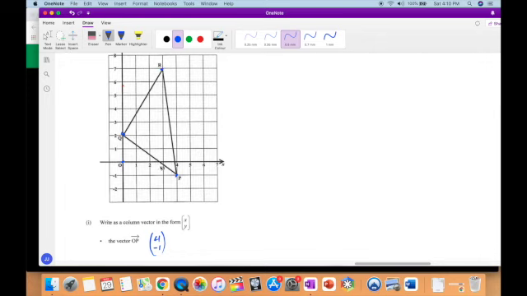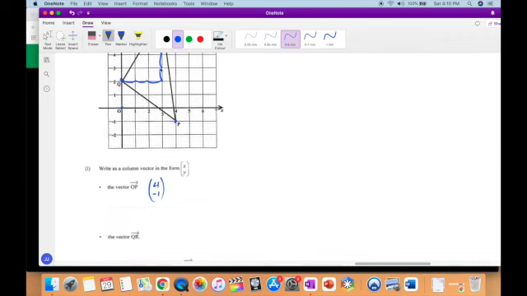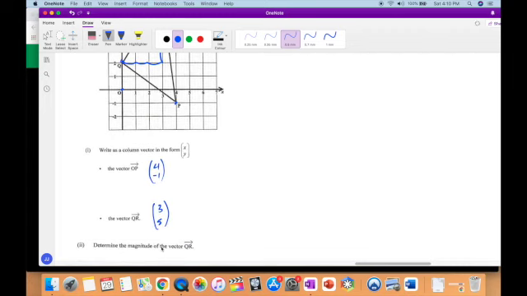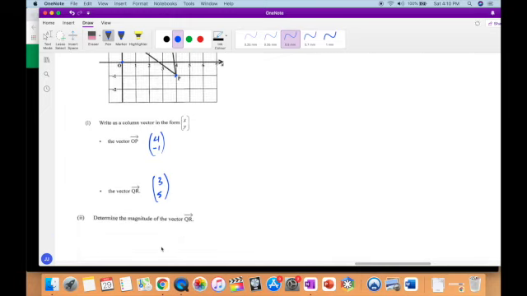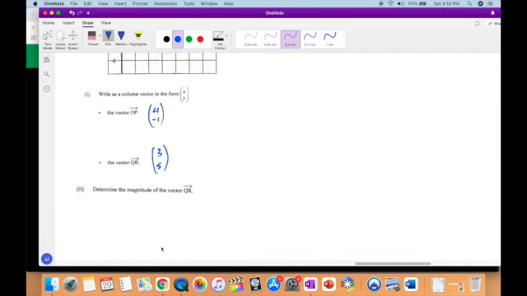I could use the triangle rule, but they gave me a nice gridded graph. So I could just use the graph: 3 on the horizontal and 5 on the vertical. So (3, 5), and that is it. You guys got those? Yes, sir.